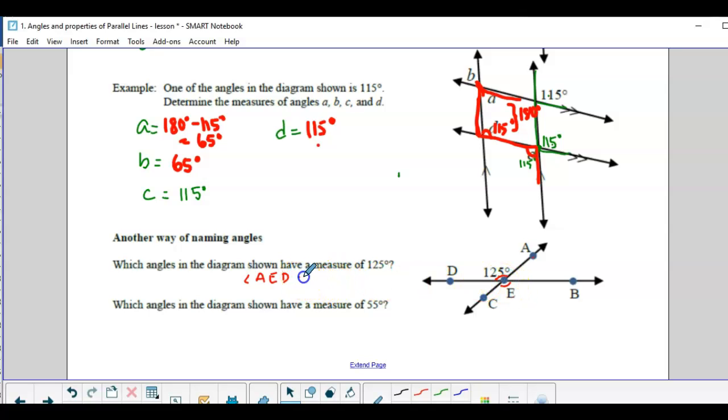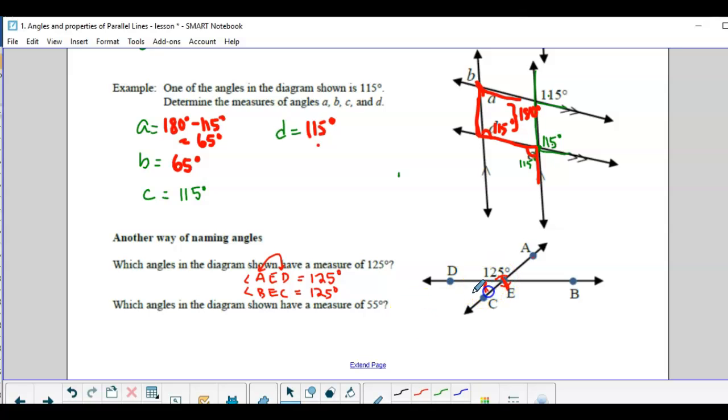So angle AED equals 125, and opposite that is angle BEC. So angle BEC is also 125. Now you can switch the orders of A and D and B and C, but you have to keep E in the middle.